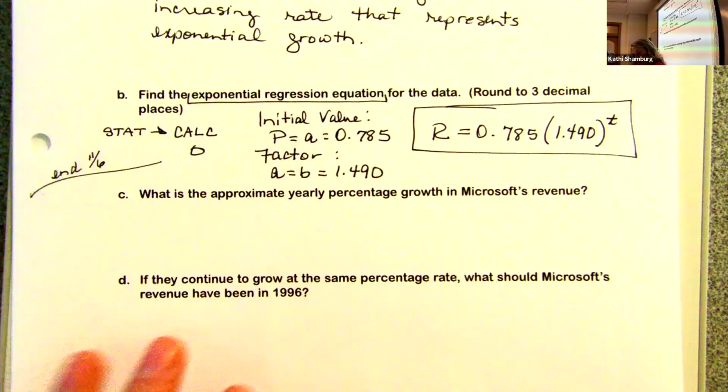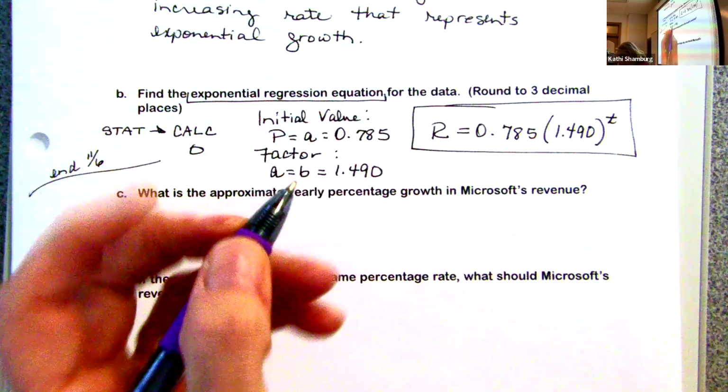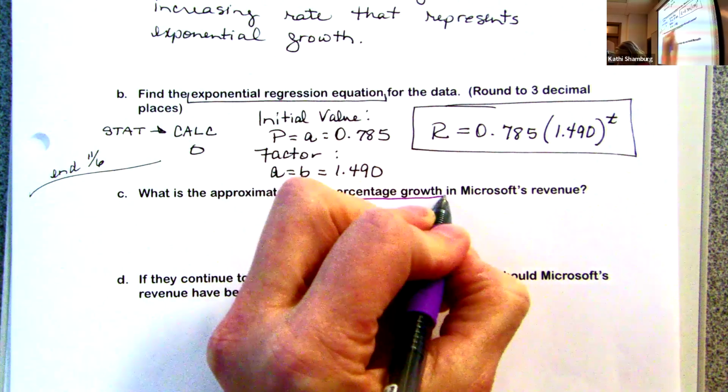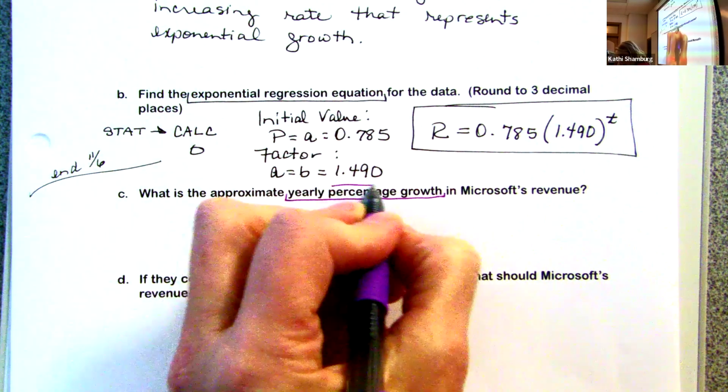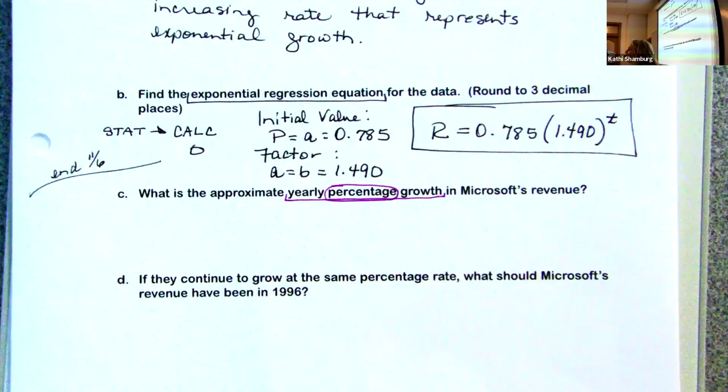Okay, so part C says, what is the approximately yearly percentage growth? The language you're going to need to pay attention to is the word percentage. What is it asking us to find when you see that word percentage? Rate.